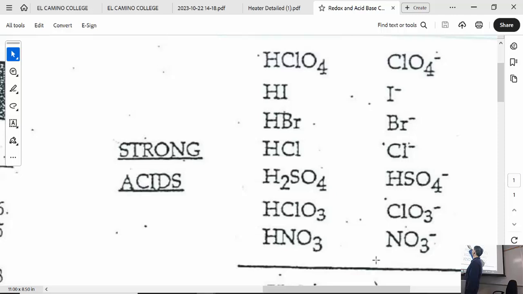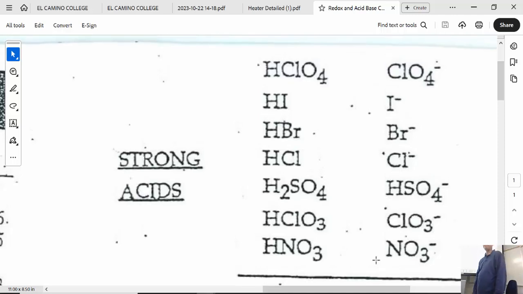This is unusual because which one's a stronger acid, HI or HCl? HI is a stronger acid. HI is the second strongest acid on this chart, hydroiodic acid. But which one is more blue? In other words, which one has more positive charge on the hydrogen, HI or HCl?